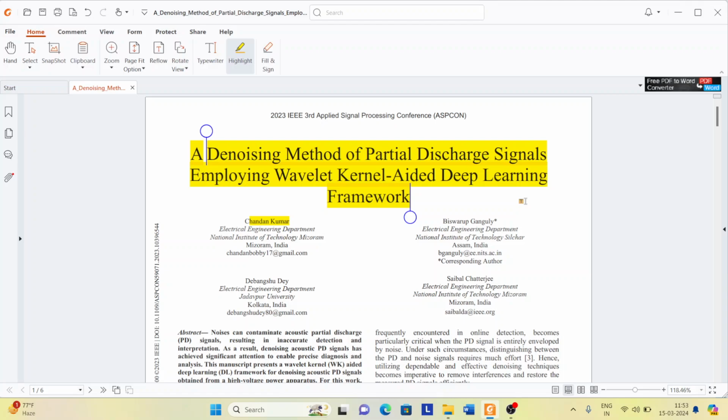In signal processing, deep learning techniques have a better advantage for denoising, feature extraction, and signal classification tasks.